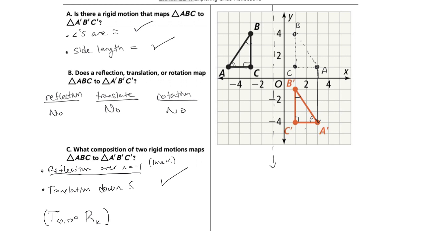So we did a reflection first over the line K, and then a translation of down 5. And we did this to triangle ABC to get triangle A prime, B prime, C prime.